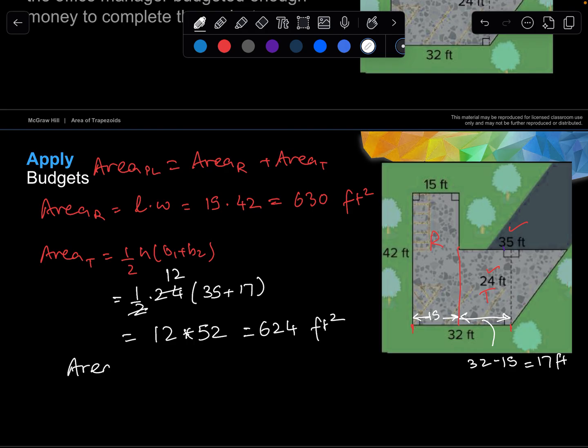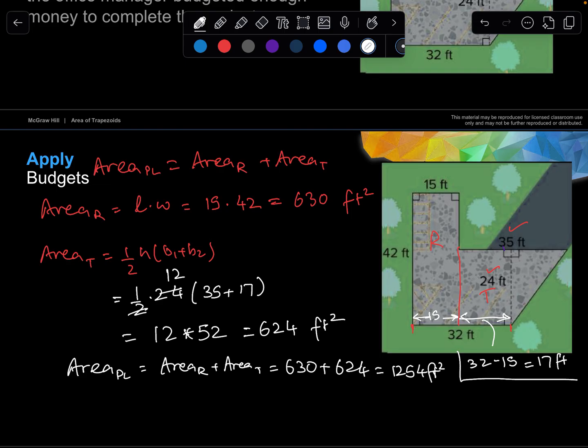So my area PL is area R plus area T, which is 630 plus 624, which is equal to 1254 square feet. Right.